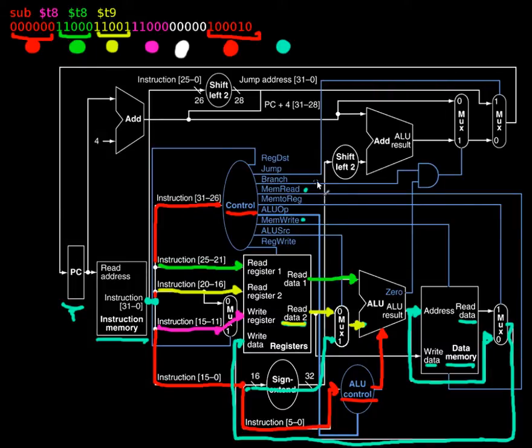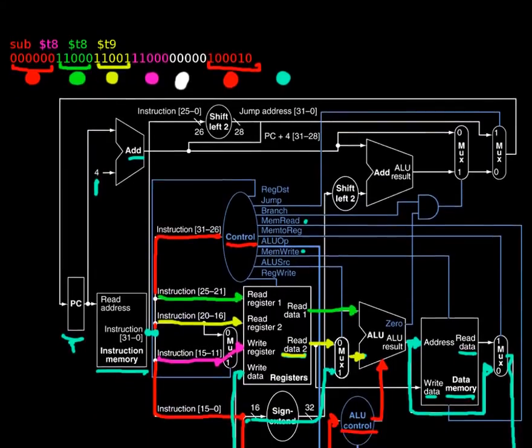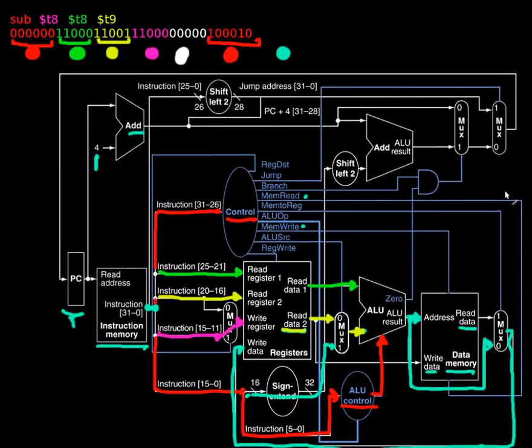So what happens here is at the beginning of the instruction, the PC passes a value to the instruction memory to point to the line of code, but it also sends it up here to an ALU that adds 4 to the value.